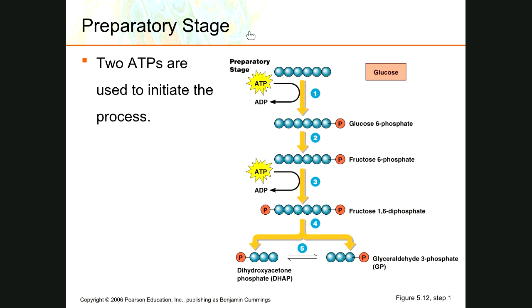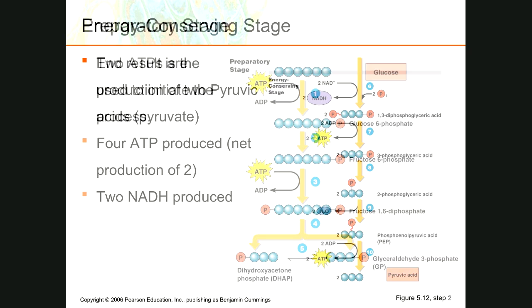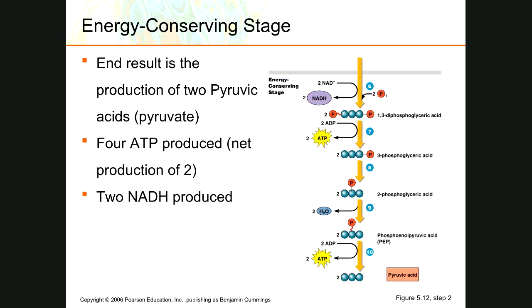So 2 ATPs are used to jumpstart the process, to initiate glycolysis. Like I said, we're not going to worry about all these intermediates here. By the end of glycolysis, technically 4 ATPs have been made, but since the cell had to burn 2 ATPs to start, we say the net production is just 2 molecules of ATP.